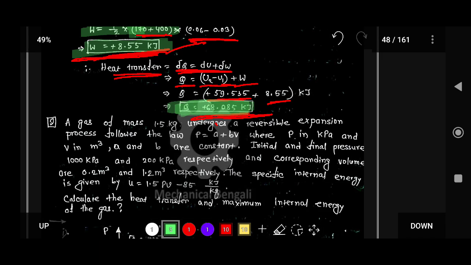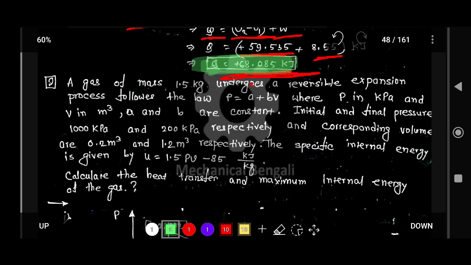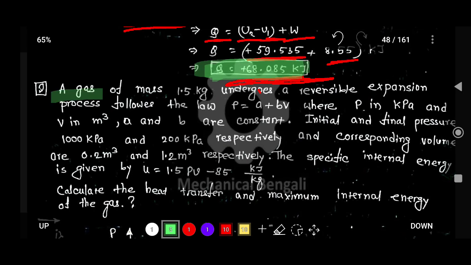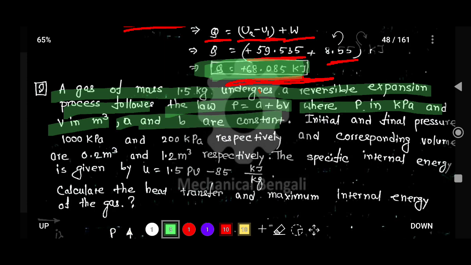Okay, now there is another question here. A gas of mass 1.5 kg undergoes a reversible expansion process, following the law P equal to A plus BV, where P is in kilopascal and V in meter cube, and A and B are constants.